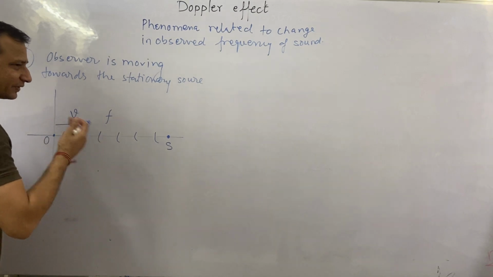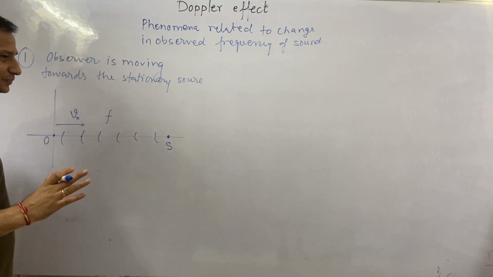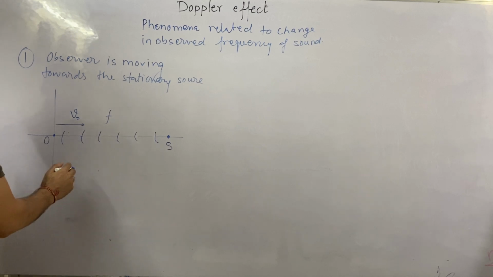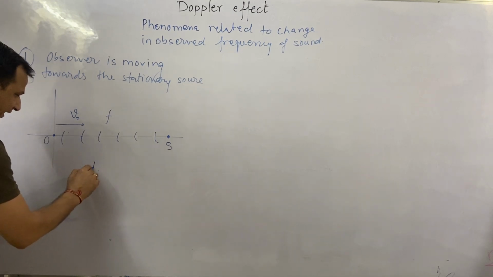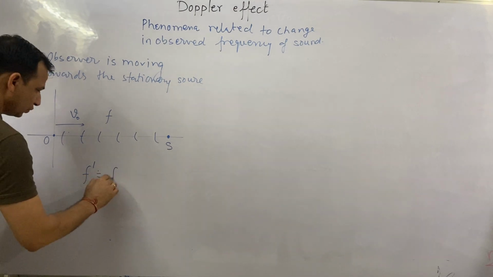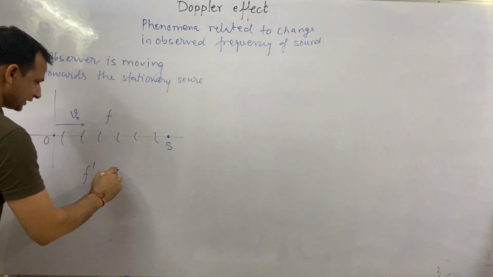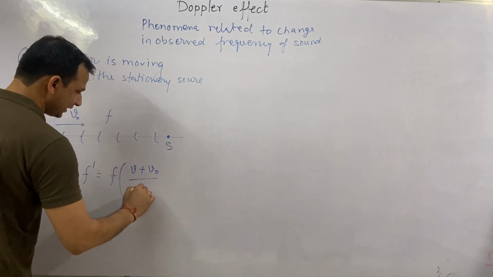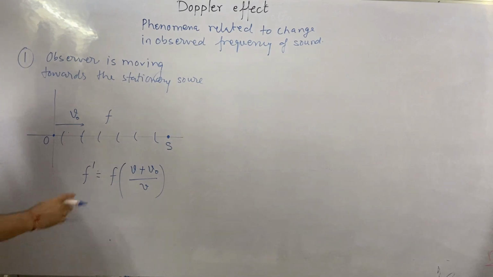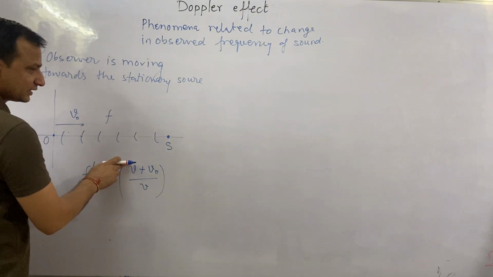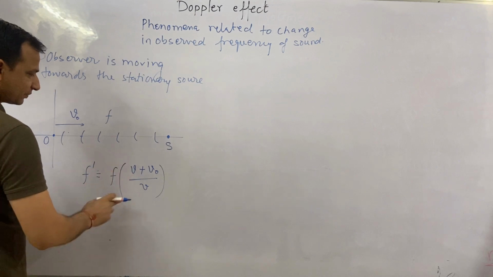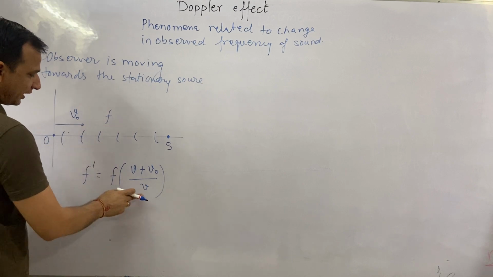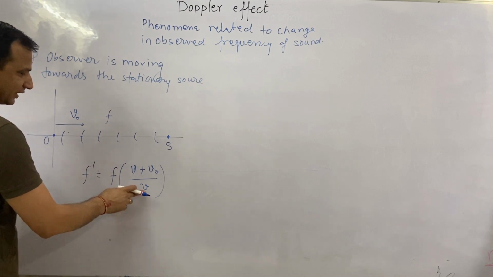The observed frequency will change. So to calculate the observed frequency, we can use a formula, that is f' is equal to f (v + v0) divided by v. Here f is the original frequency, v is the speed of sound in air, v0 is the speed of the observer.